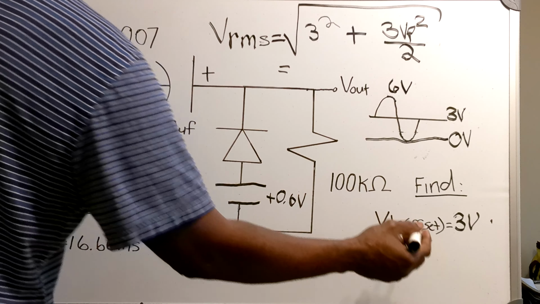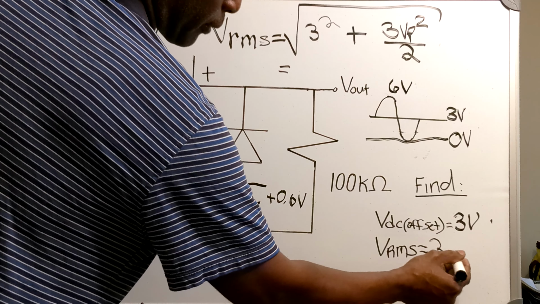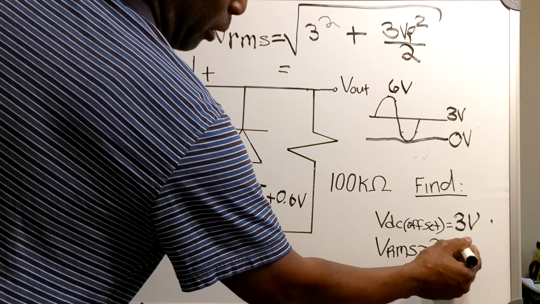And you now have an RMS voltage of 3.67 volts.